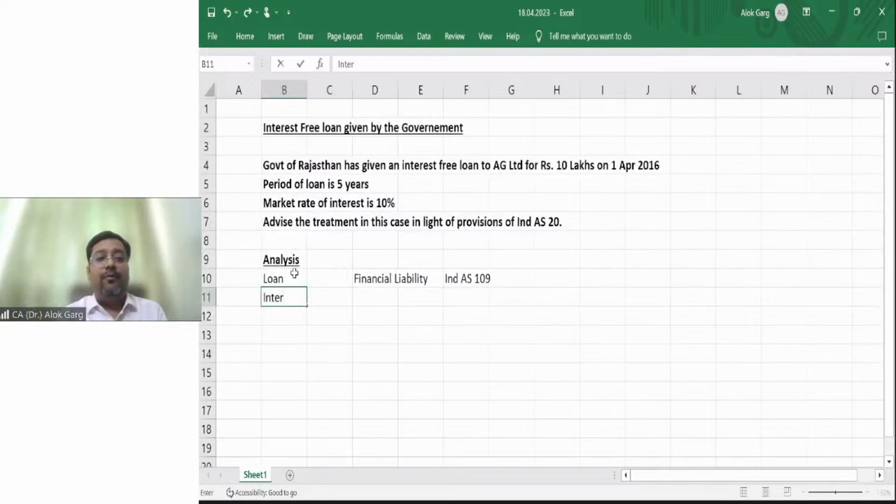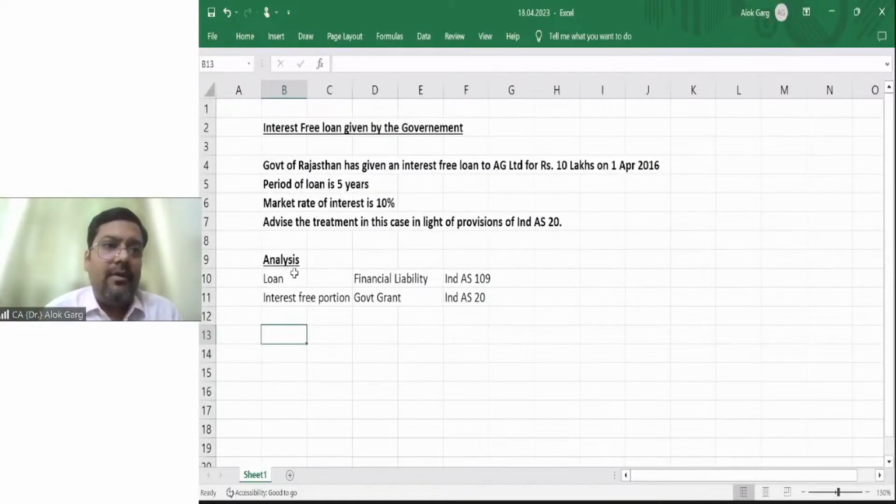The interest-free portion will be considered as a government grant, which will be covered by Ind AS 20.